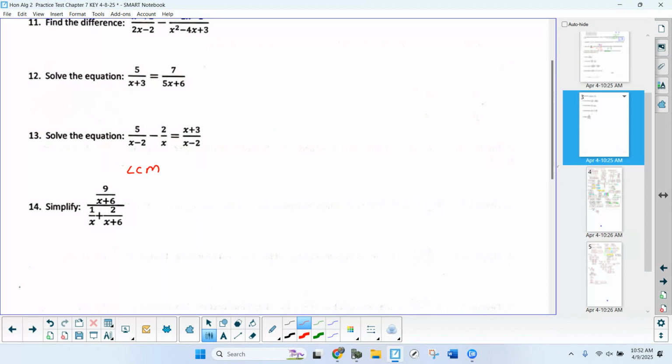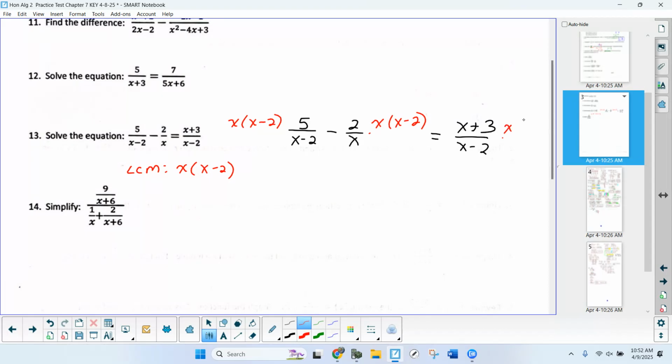Least common multiple, you need an x, you need an x minus 2. Remember when you solve these, now I have an equation. When you have an equation, the process that I taught you was to multiply each term by x and x minus 2, the common denominator.